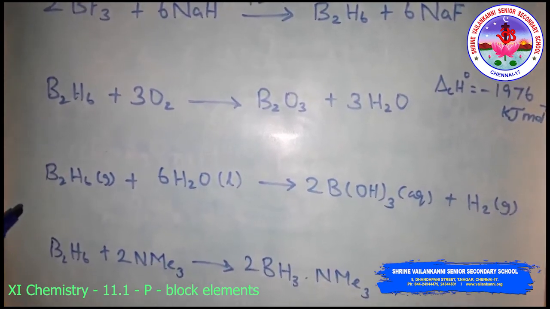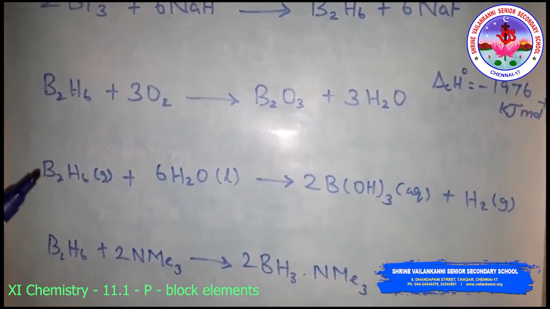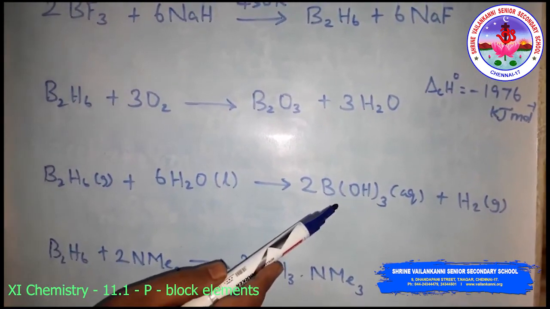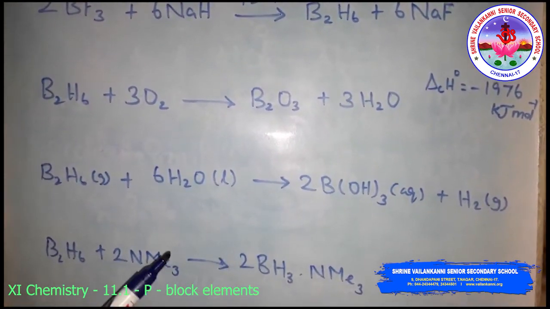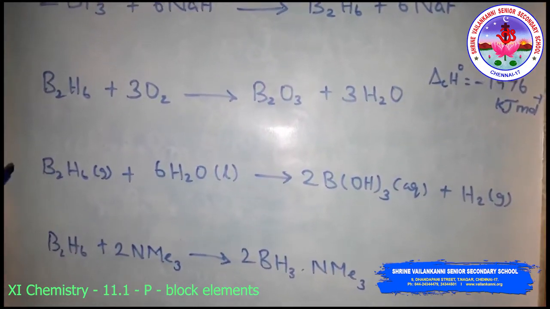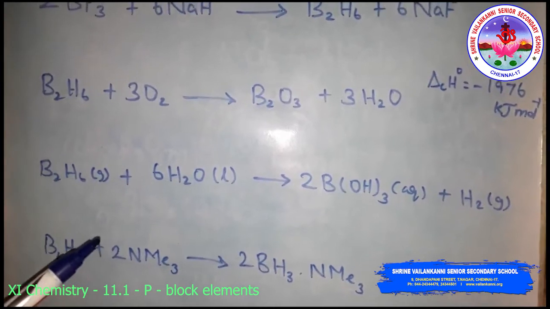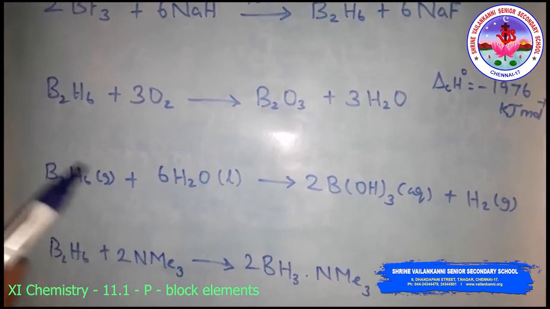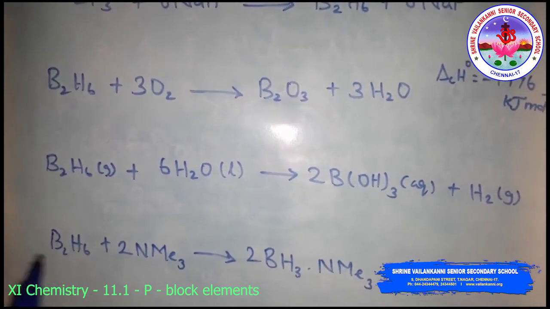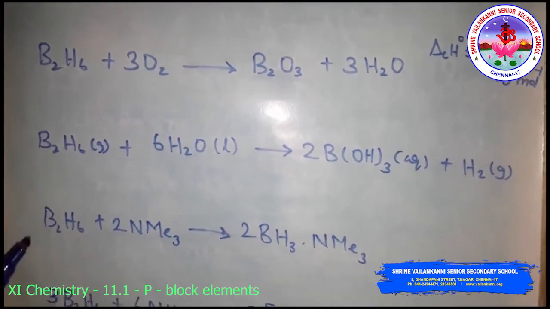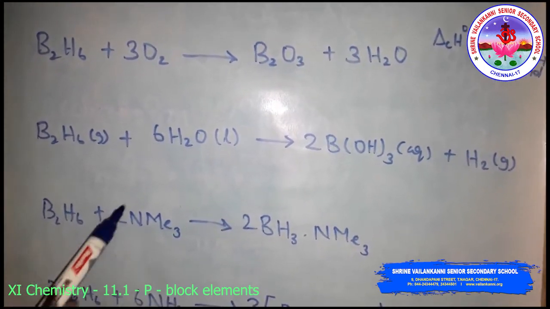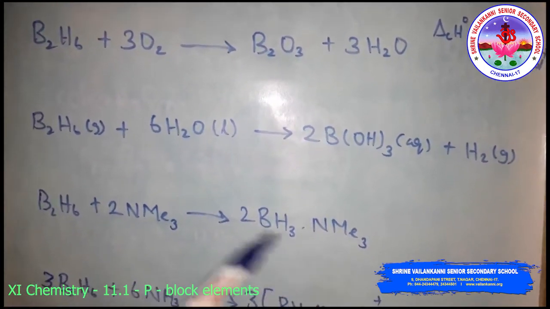So boranes are readily hydrolyzed by water to give boric acid. Let's see here, this is boric acid. Then diborane undergoes cleavage reaction with Lewis bases to give borane adducts, BH3 with the Lewis base. See here, the reaction with a methyl group to form like this.